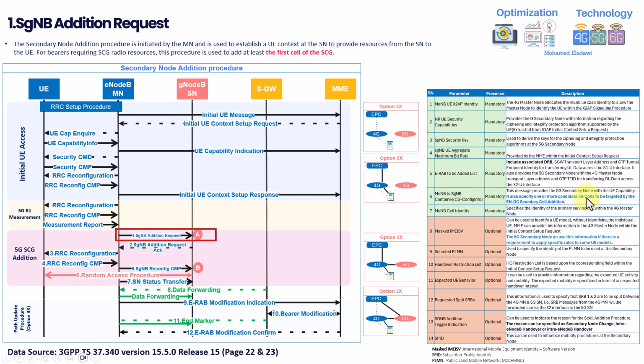Under that, you'll find the related PCI and RSRP and this kind of information for the target cell, which will be evaluated by the SgNB until it is to be added. Also, you'll find the cell ID of the master eNB for this one as well, and also the masked IMEISV.